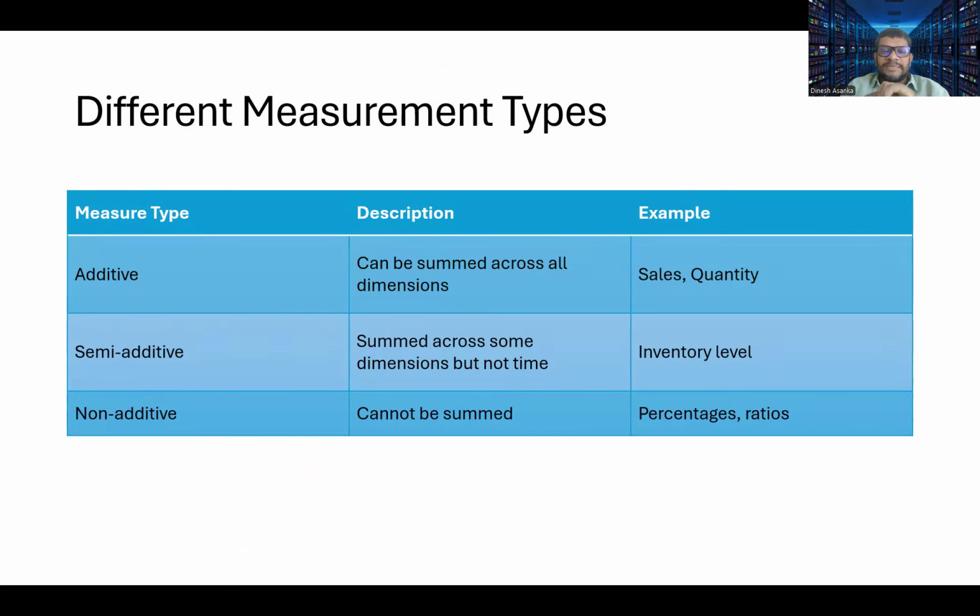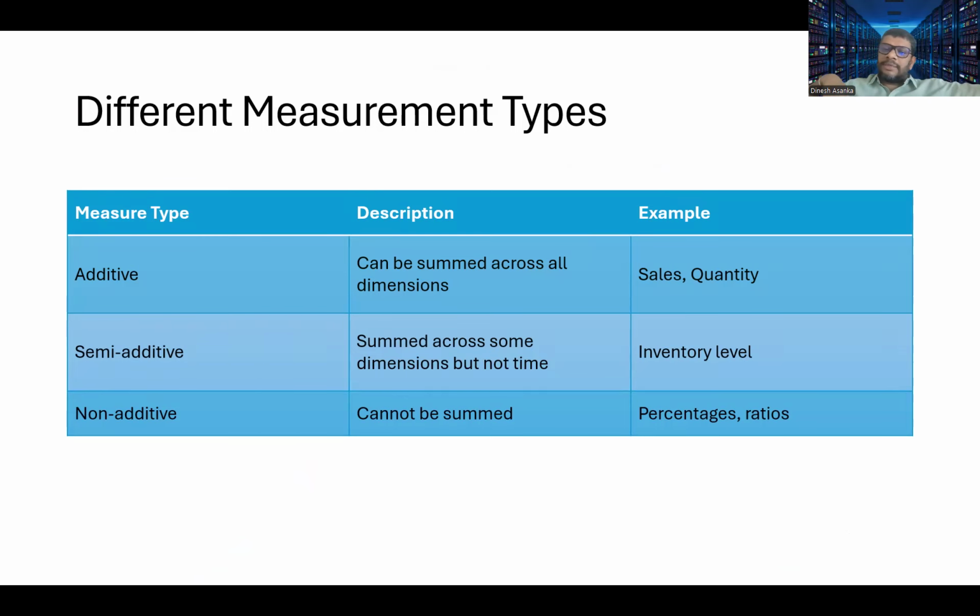So if you look at these measure types, additive can be summed across all dimensions, for example, sales and quantity. Semi-additive, you can sum across some dimensions, but not time. For example, I can take the inventory level in one store and the inventory level of another store and add those. Say one item is stored in two different locations.